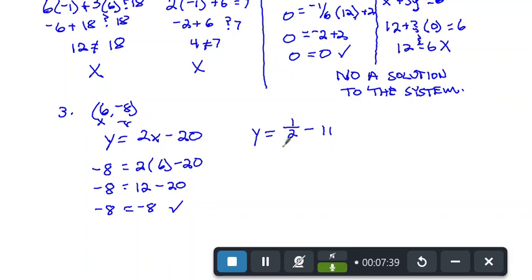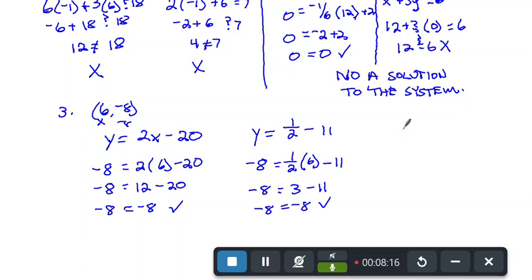Check. Half of 6 is 3, and 3 minus 11 is negative 8. So this works. This point is a solution to both equations.